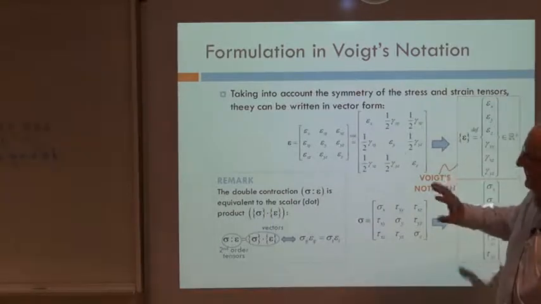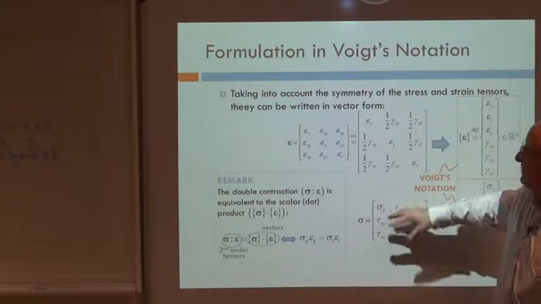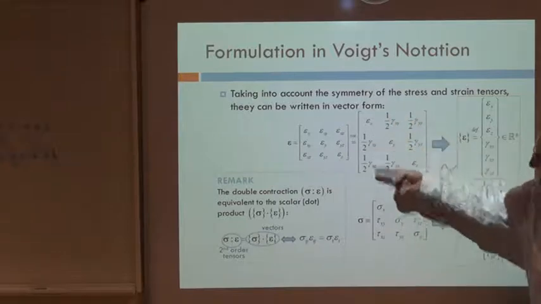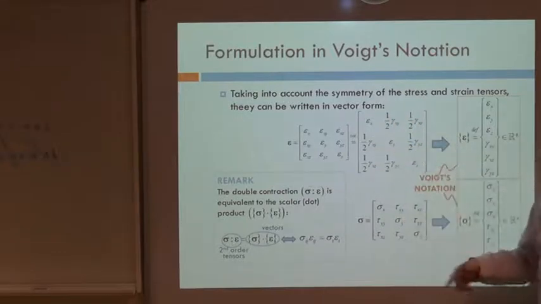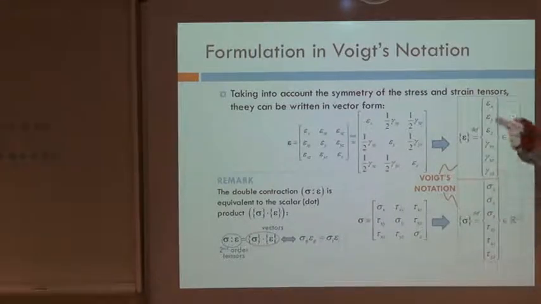If I do the double contraction product of this times this, which in fact is multiplying every term by the corresponding one and summing them up, okay? That's 9 summations. And I do the dot product of these 2 vectors. These are vectors in a space of 6 dimensions.